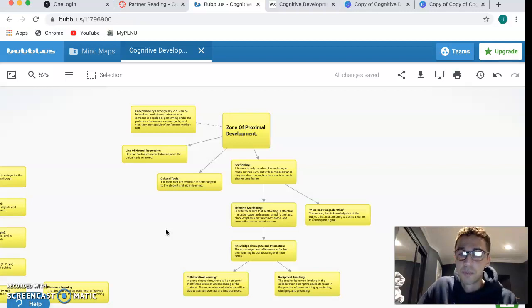And so furthering, right, effective scaffolding, what we can do is build knowledge through social interaction. And by definition, that's the encouragement of learners to further their learning by collaborating with their peers, right? So I mean, if you've been in class, right, I'm sure you've done group projects and stuff like that, and that's essentially what it is. You're trying to foster this sense of community within the classroom, right?